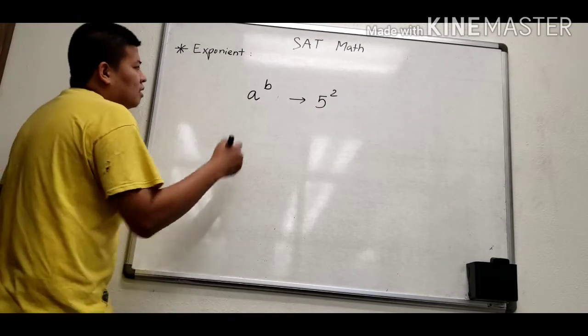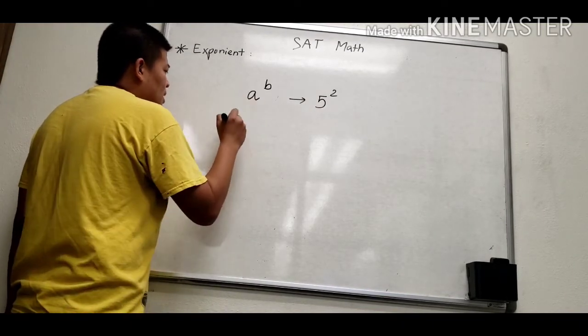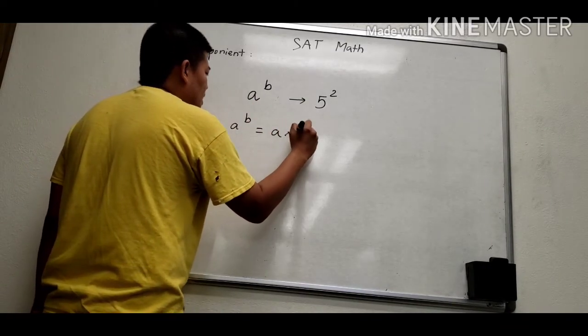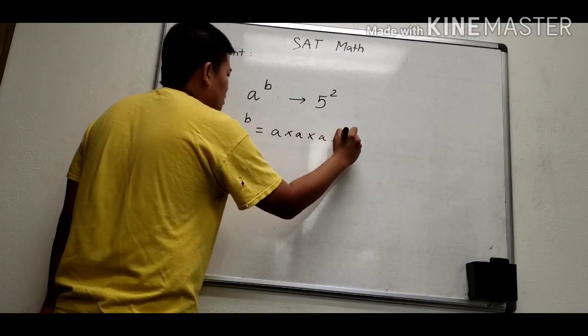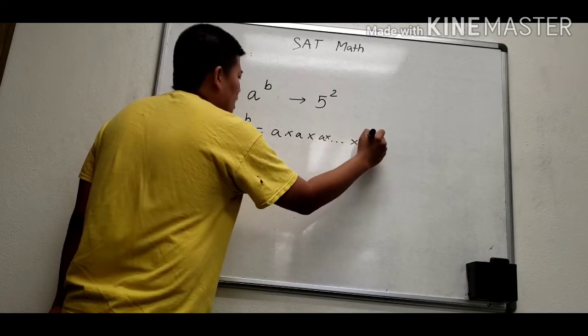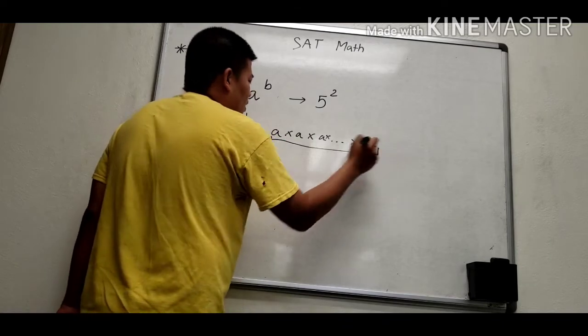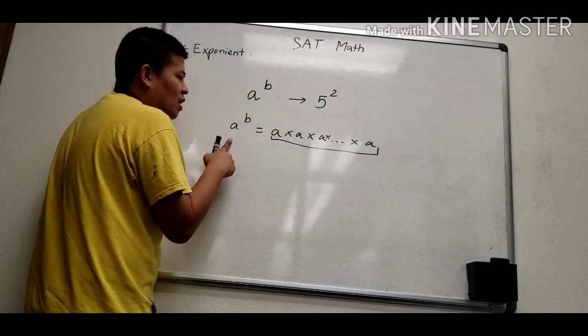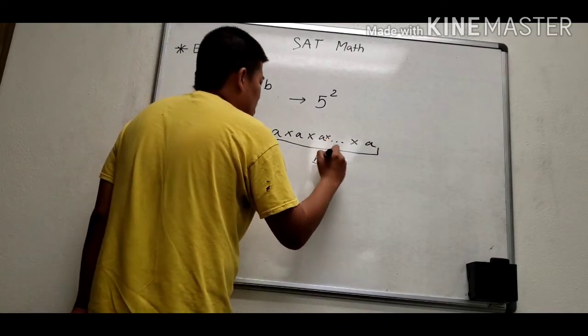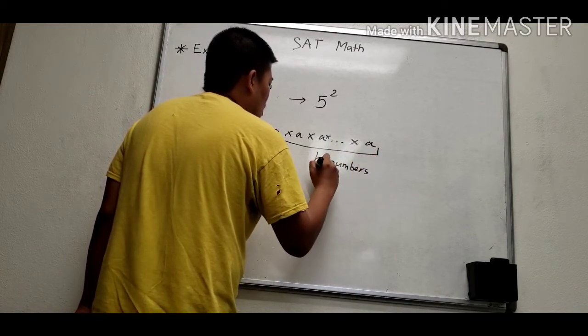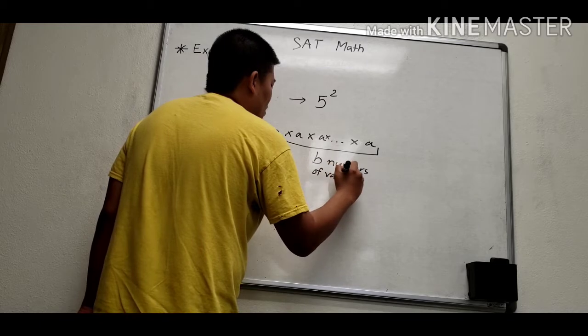The formula of a power b is a multiplied by a and so on, and the total number of variables is b.